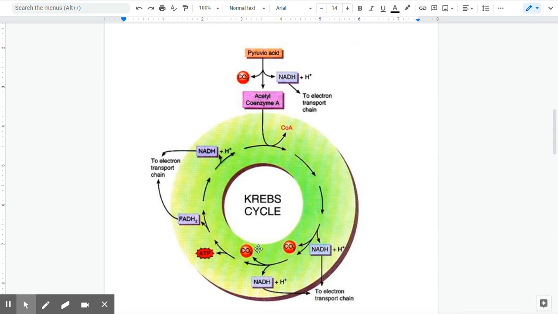As we do that, we make more CO2 and a little bit of ATP and more of those molecules. So overall, the Krebs cycle is all about making those energy molecules, and through those reactions we get CO2 and a little bit of ATP.